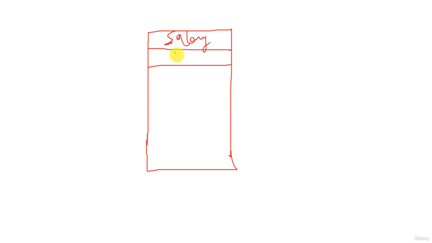So let us say their salary is 500 USD. This is US dollar, and let us say I also recorded a salary in Indian rupees. Let us say the person has 1 million, that is Indian rupees, INR.